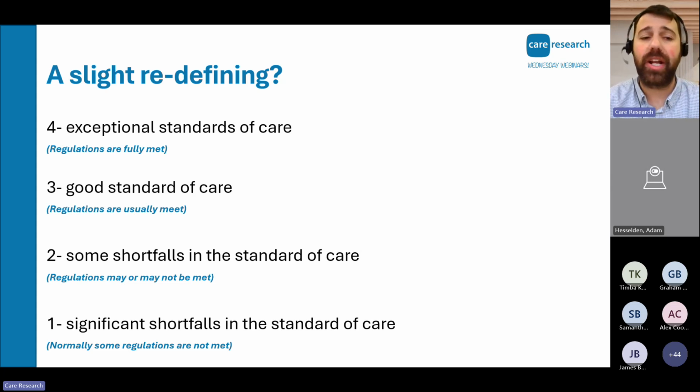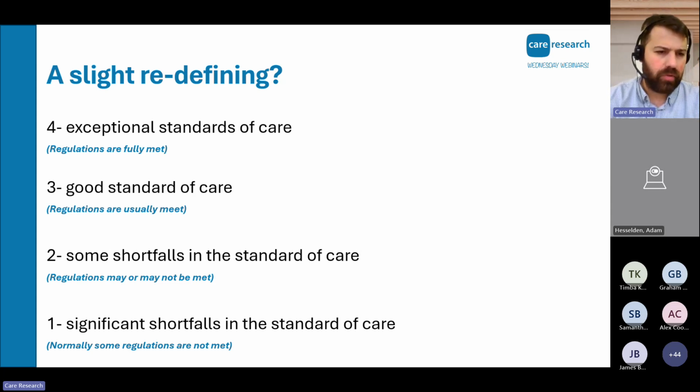Good standard of care, regulations are usually met. Some shortfalls, so the RI, regulations may or may not be met. And significant shortfalls, normally some regulations are not met. Again, quite open with their terminology. So they've said regulations are usually met, not regulations are met. There seems to be a bit of flexibility there.